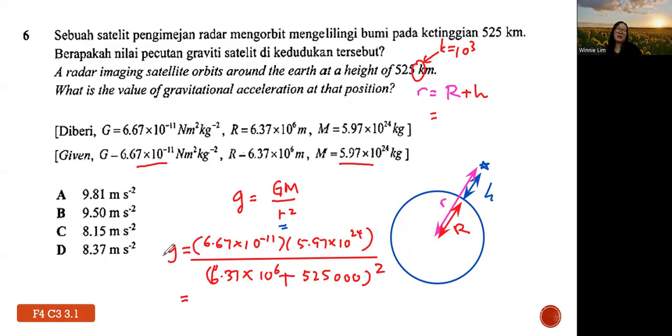Normally for this topic, students may know the formula and may put the values inside correctly, but sometimes you may press the calculator wrongly. So it is a good practice, like now also, you just try out, press the calculator. You don't just listen, it won't help. When you press, if you get the same answer, that means you get the correct idea.